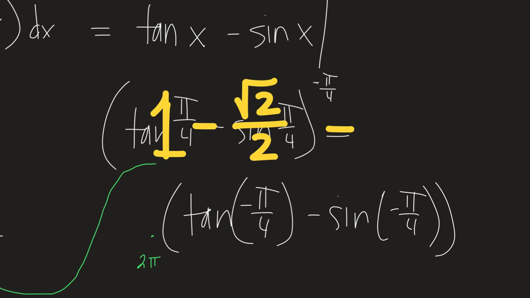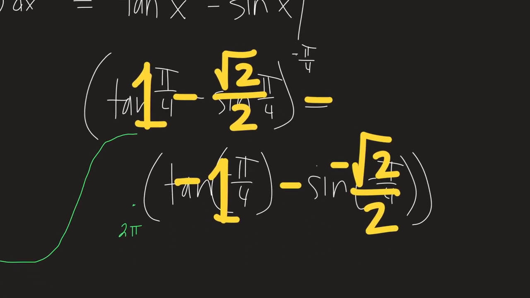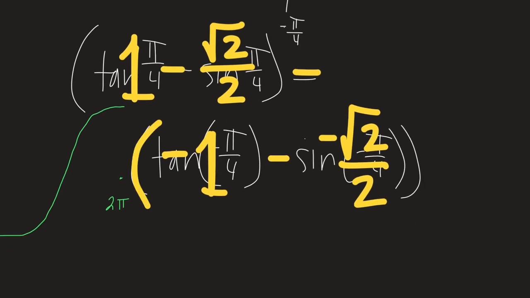Negative pi over 4 is in the fourth quadrant, the same as positive 7 pi over 4. So the tan down here at negative pi over 4 is negative 1. And the sine at negative pi over 4 is negative root 2 over 2. Okay, so we have all of this in here together.